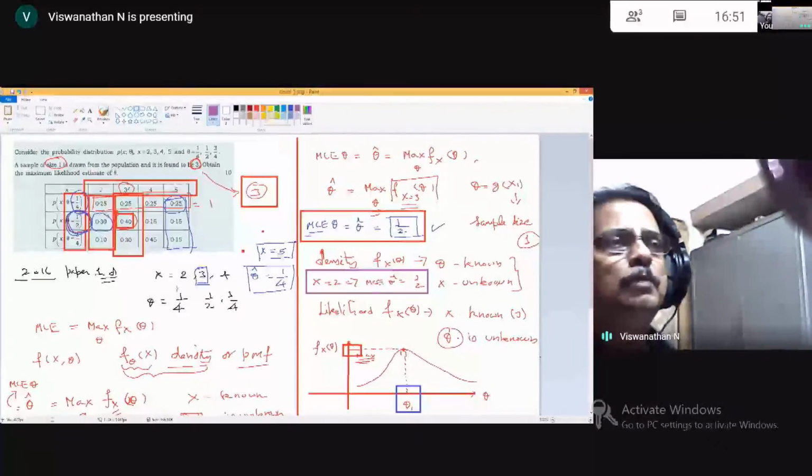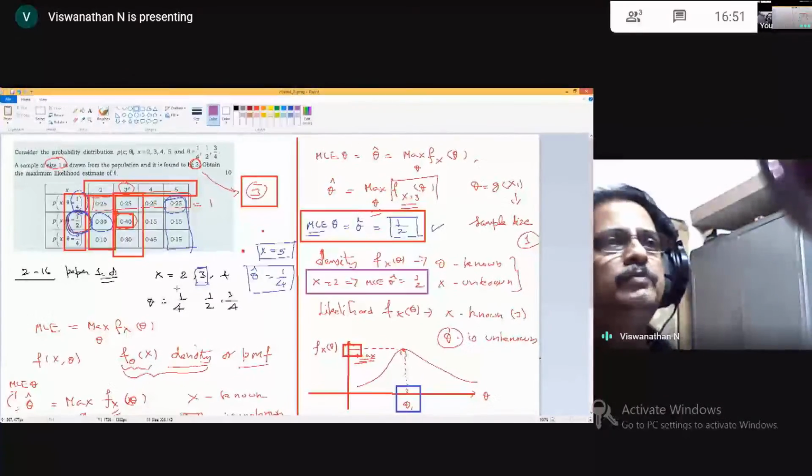And in the second problem, for the same construction of the critical region, we went for a discrete type setup. That is also a testing problem in which the critical region has a tie. We could see that when we have something like 0 or 1, we have the same size, something like 6 by 32 if I remember correctly. And 4 and 5, again we have the same size, 6 by 32.